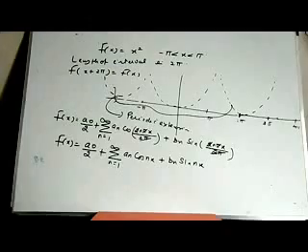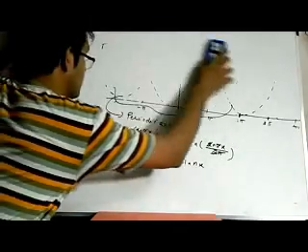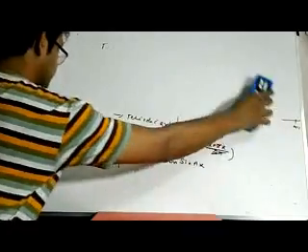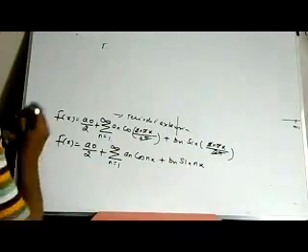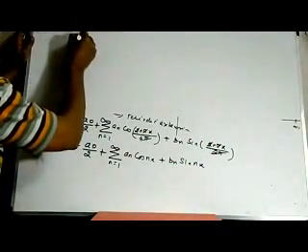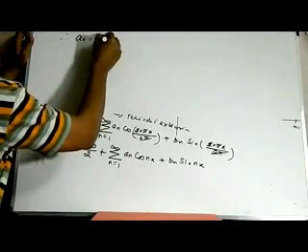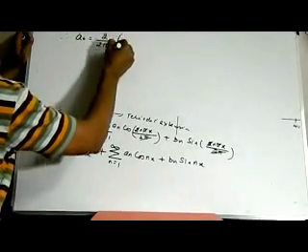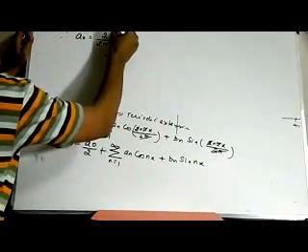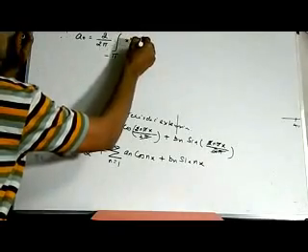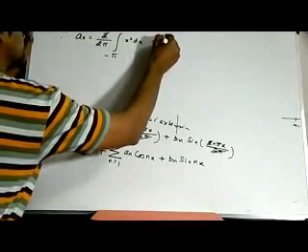Okay, now without loss of generality, I am moving ahead. So a0 will be equal to 2 upon 2π, from where to where? Minus π to π, f(x) is x square dx. It will get cancelled with this. This is 1 by π.